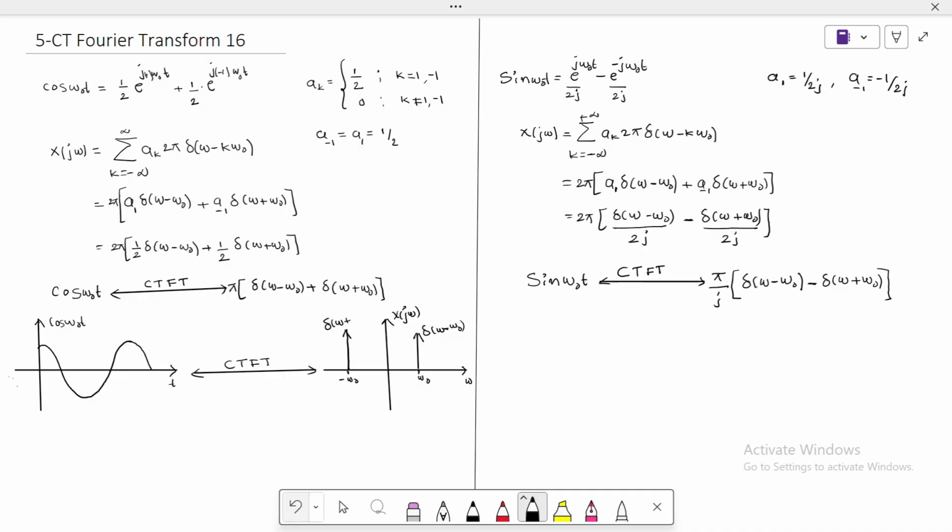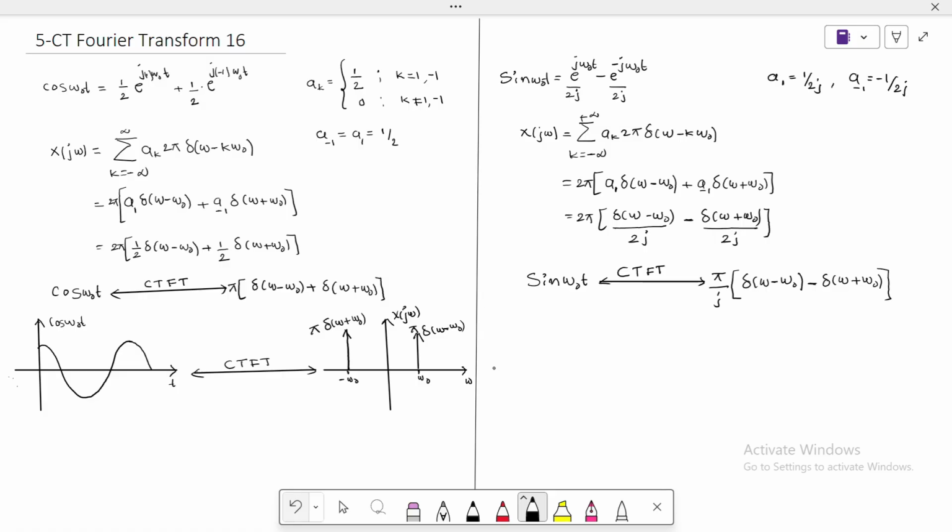This one is delta of omega plus omega naught. In communication systems, these are very, very important for the modulation techniques.